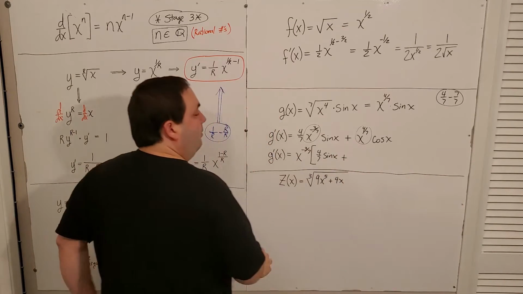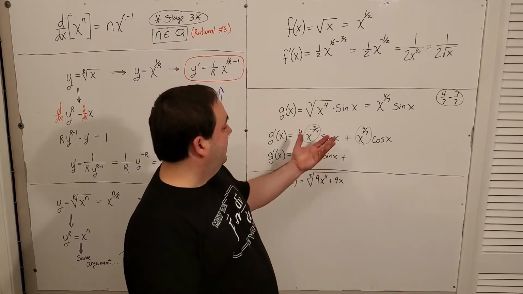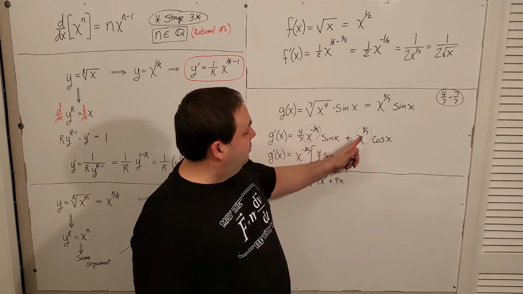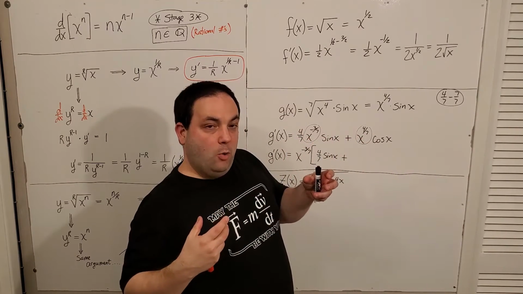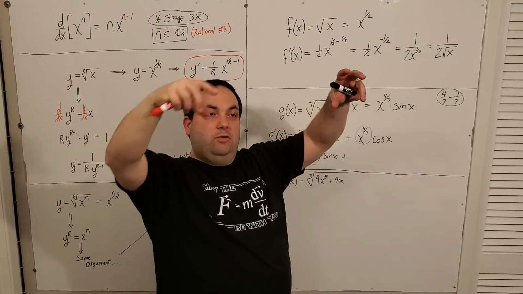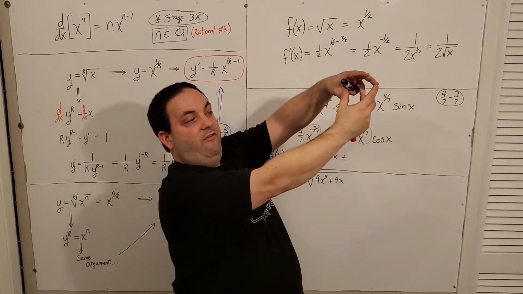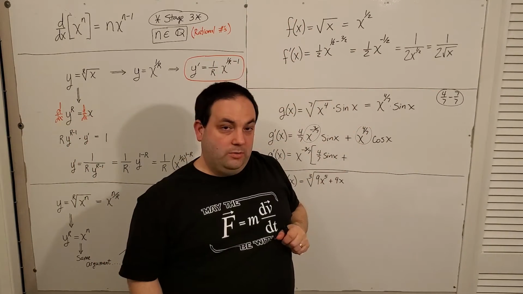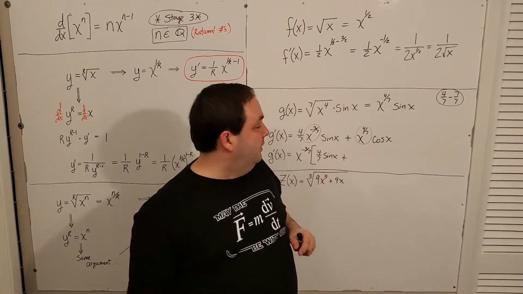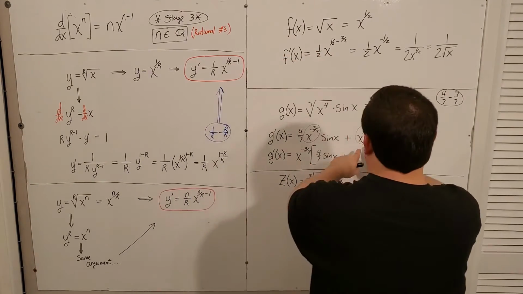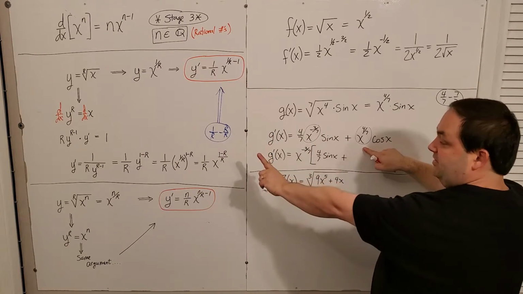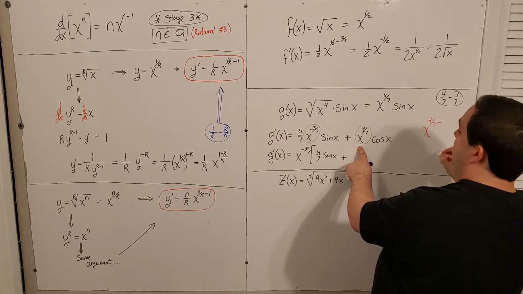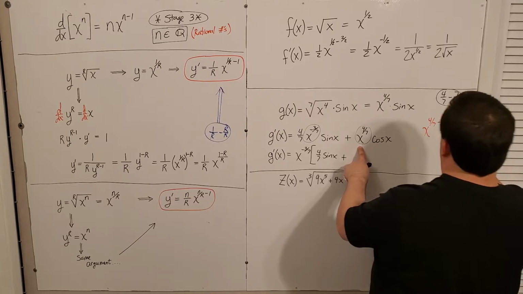Plus, now be careful here. I'm factoring out x to the negative 3/7. And remember, when you factor, you're actually subtracting powers out. Like if I have x to the 3, x to the 2, x to the 1, and I factor out x to the 1, each one does a minus 1 as you're factoring it out, right? Because I'm subtracting the power that I'm factoring. Well, here, what's going to happen is when I factor out this x to the negative 3/7 outside, I'm going to get x to the 4/7 minus negative 3/7.